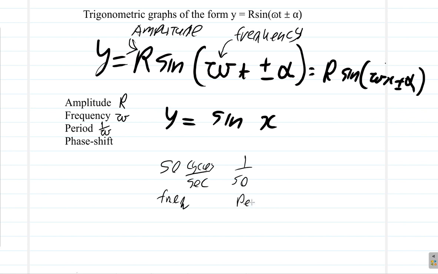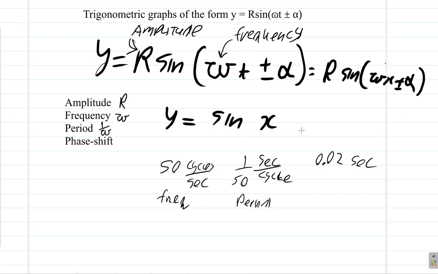Now, the period would be 1 over 50 seconds per cycle, which is 0.02. So 1 over 50 is 0.02 seconds to complete one cycle. So it's 1 over omega.